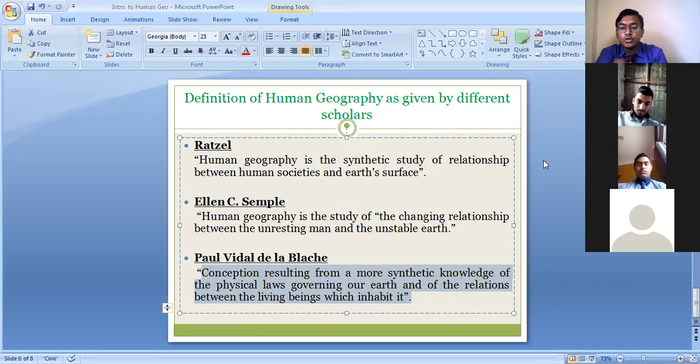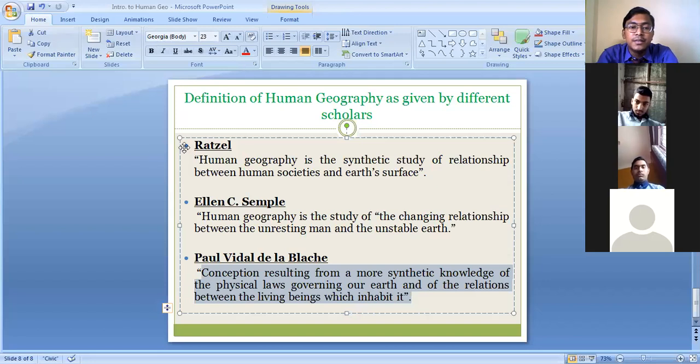So, conceptions resulting from a more synthetic knowledge of the physical laws. The ideas which we gain after a detailed study of the physical environment, and also the relationship between the living beings which inhabit this physical environment, the earth, is the main subject matter of studying human geography.